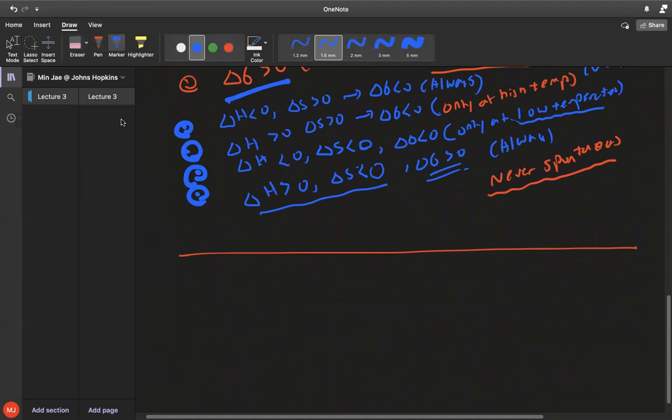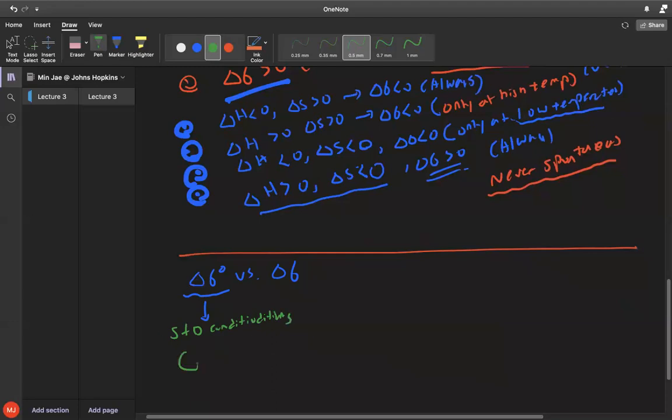Now, let me briefly mention what I stated before about delta G naught and delta G. Delta G naught, like I mentioned, is only for standard conditions. And we can rewrite the expression of delta G naught under standard conditions as delta G naught equals negative RT ln KEQ. If you remember your AP chemistry or general chemistry knowledge, bring that up.